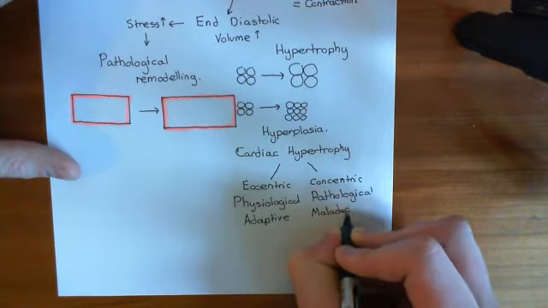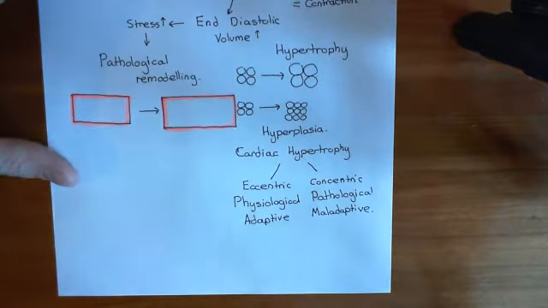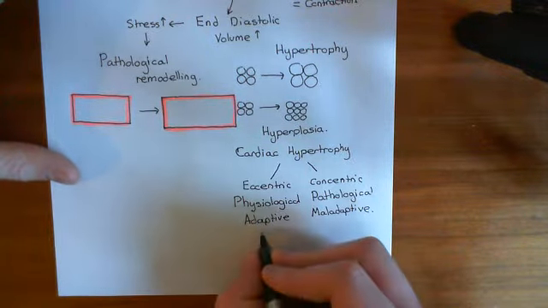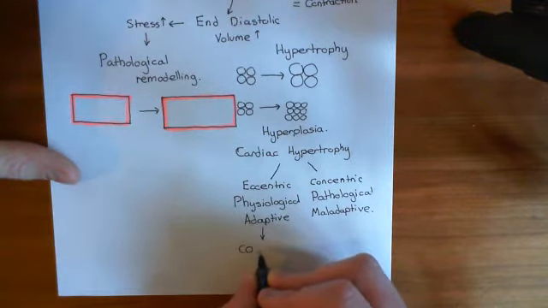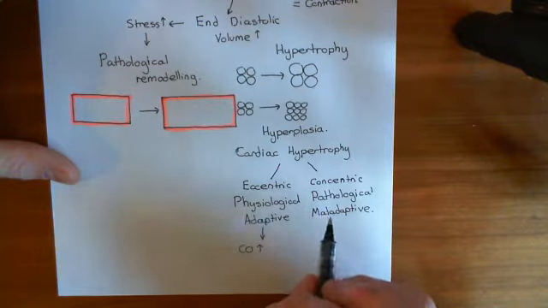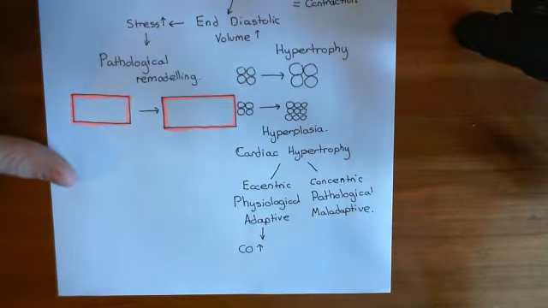Both of them aim to make the cardiomyocytes stronger, basically, and therefore make the walls of the heart stronger. But eccentric, physiological, or adaptive cardiac hypertrophy is the only one that actually achieves a greater cardiac output in the long run. They're both going to have a beneficial effect initially, but this one will deteriorate very quickly, and we'll discuss that more in a moment.